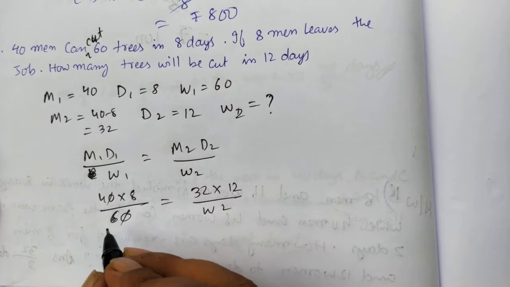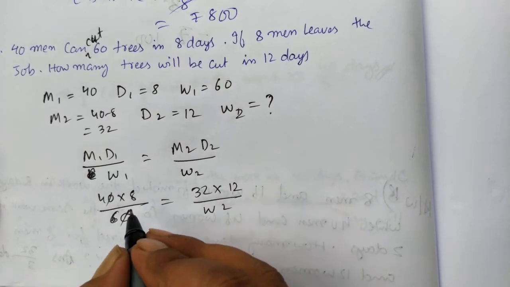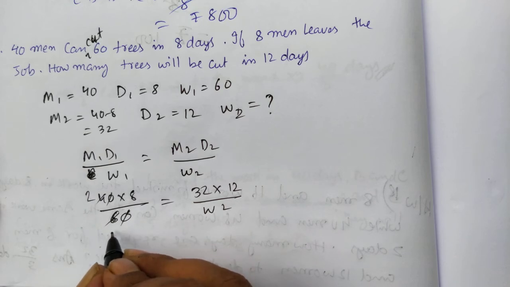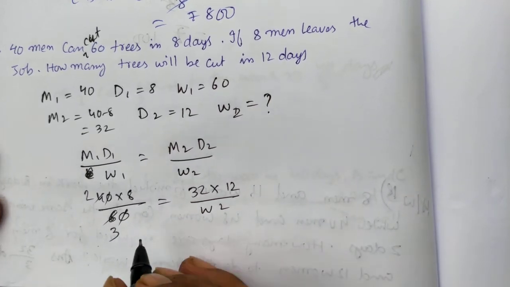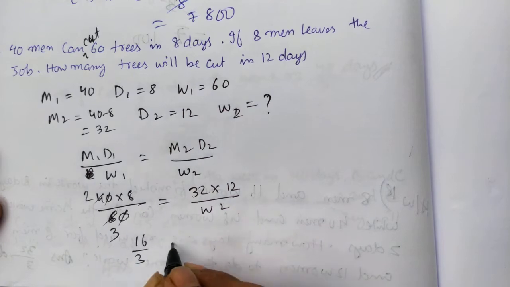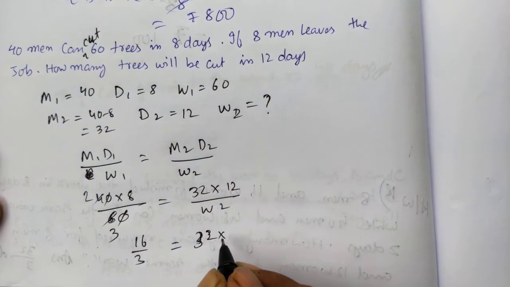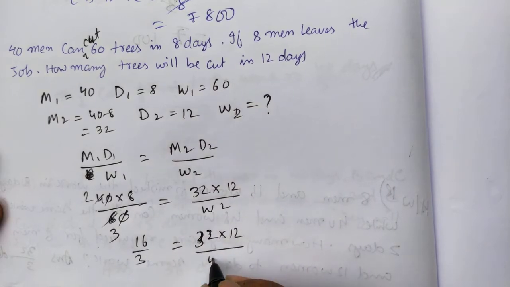So we can cut this, 2 2 2 3. So we can get 16 by 3 equal to 32 into 12 by W2.